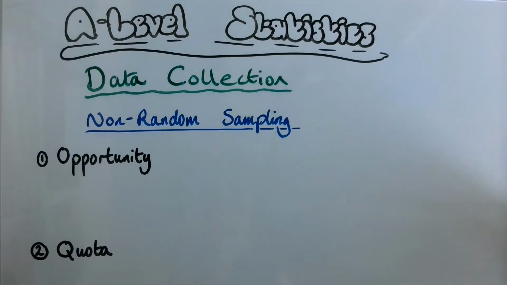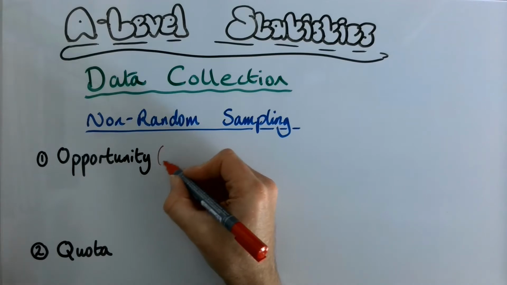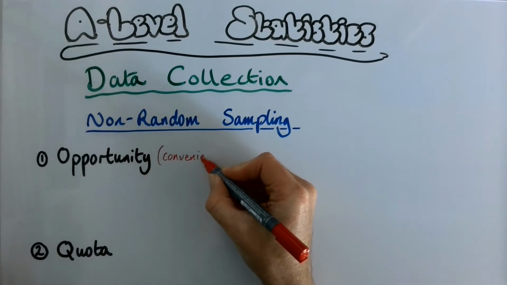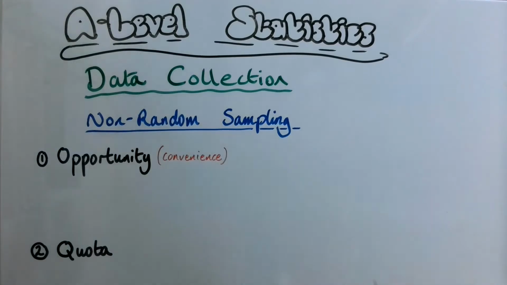There shouldn't be too many notes to make here today. Everything that's written down here and that I'm going to write down you'll want to do as notes, and then we'll just have a few examples. So the two sorts of sampling, as I said, are quite similar. Opportunity sampling, also known as convenience sampling, is just going up to the first few people that you can find.